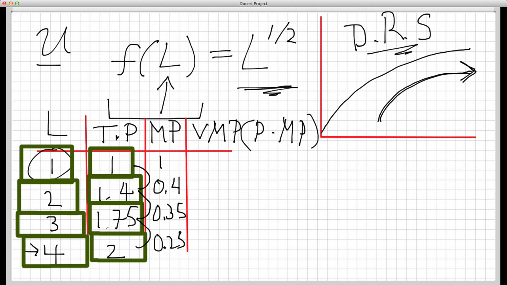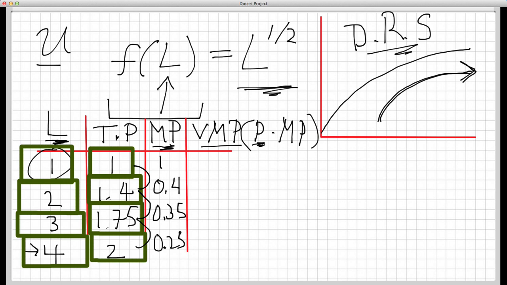Okay, so if we know that marginal product is how much output the firm is getting in from each additional laborer, then how much money do they get from that product? Well, that has to do with how much price they're getting for each unit of the good. So if we're talking about a very, very cheap good versus a very, very expensive good, value marginal product is going to differ a lot from marginal product. So how do we get P? Well, that simply comes from supply and demand.